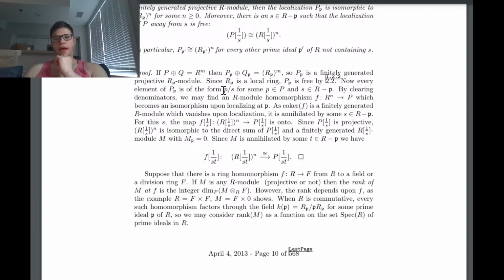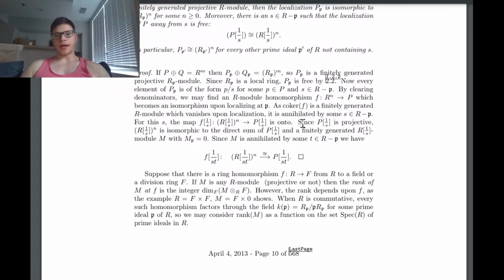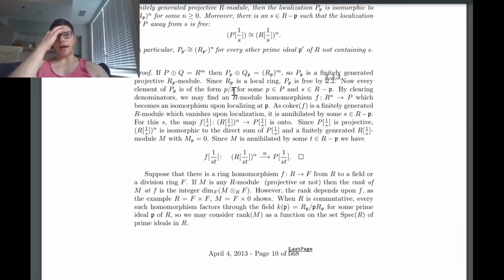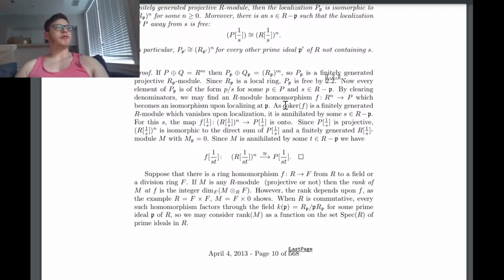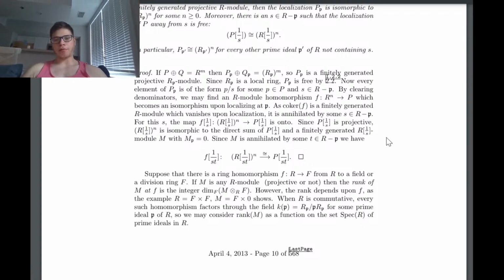Because you can take a basis and multiply it by denominators, and then map to that basis, and then you can get back your basis, because scalar multiples of a basis still give a basis, which becomes an isomorphism. So the cokernel is finitely generated.